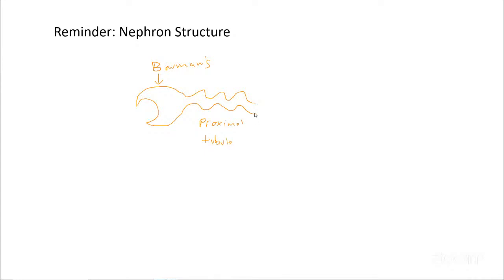The next structure you see is the loop of Henle. This dives down deeper into the kidney. We're also not going to be talking about that today, but we do want to know what nephrons look like as a whole, since we'll be talking about them a lot over the next couple of days. So let's label it. And then we have a distal tubule, also twisty. So sometimes distal convoluted tubule.